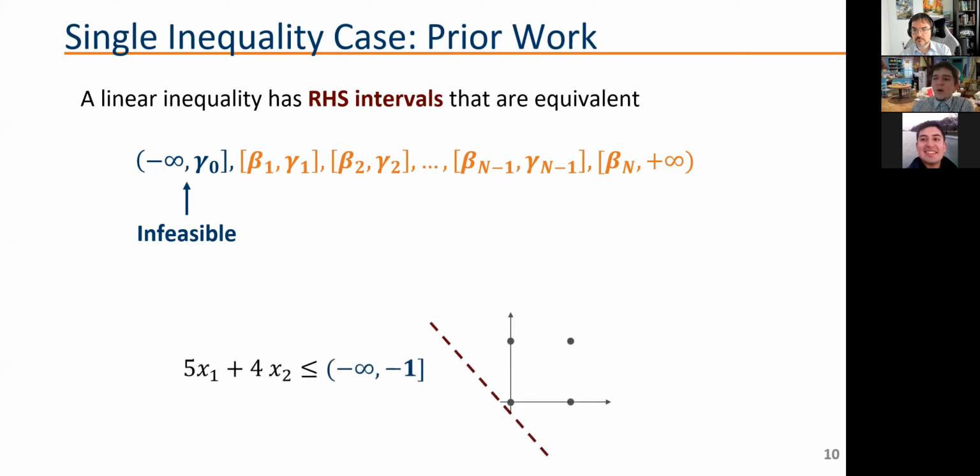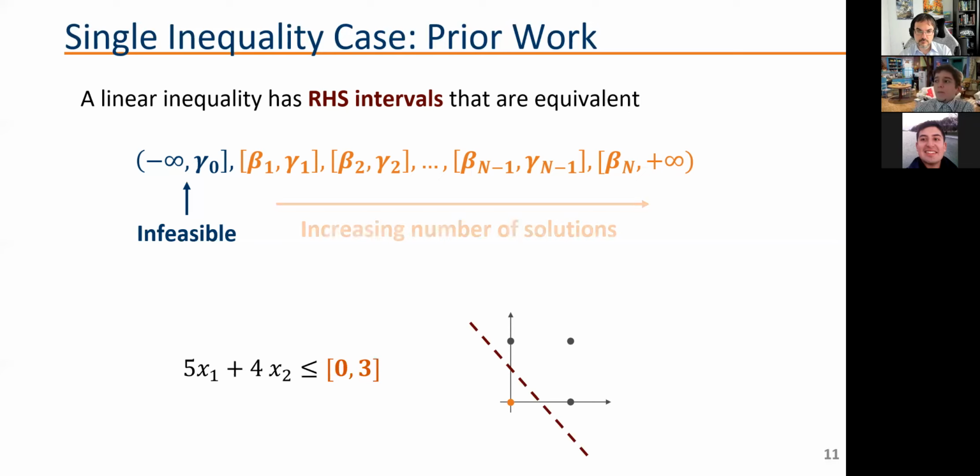For example, if you talk about 5x1 plus 4x2, and x1 and x2 are binary variables, for any value up to and including -1, this is infeasible. We're not going to have any combination of x1 being 0 or 1 and x2 being 0 or 1 that could be feasible given a right-hand side of that value. But now if we make the right-hand side a little larger, let's say between 0 and 3, including both ends, then suddenly we have one feasible solution.